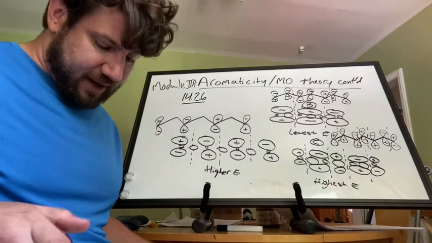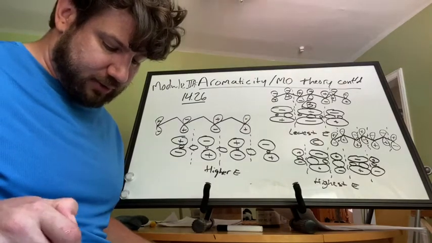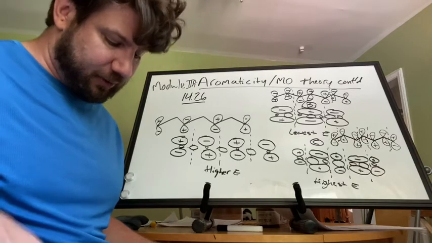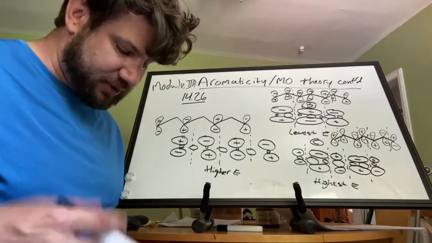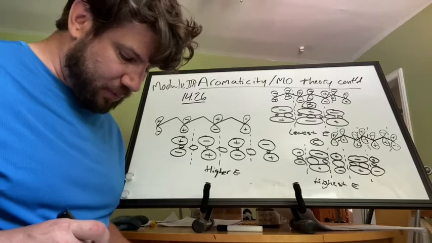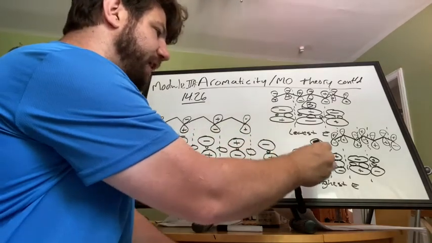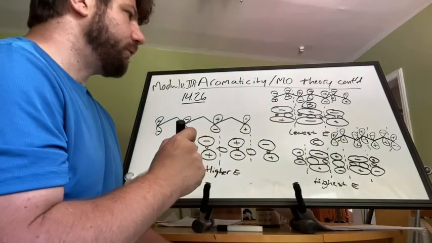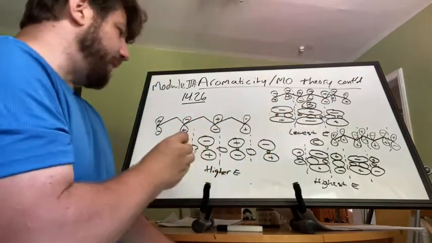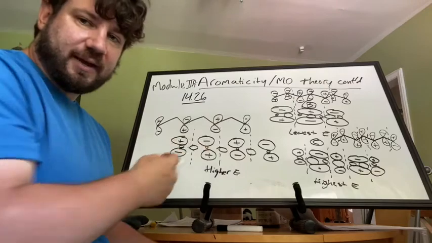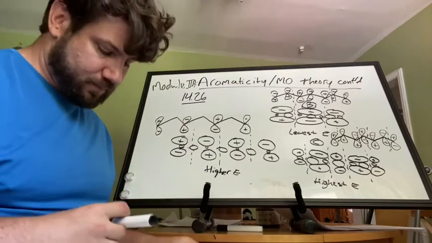Okay. For C, identify each internuclear region as having either a bonding or antibonding type of contribution. Just told you. Okay, so this is going to be anti-bonding right here. This is also going to be anti-bonding. This is going to be non-bonding.